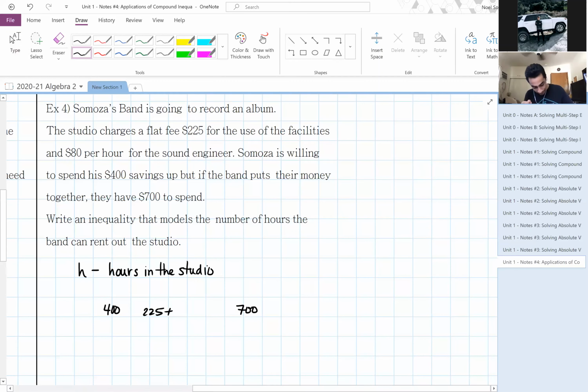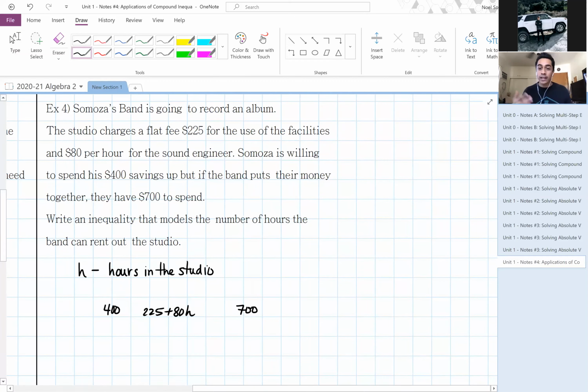I need to add $80 per hour. What do I do here to represent that the $80 fluctuates based on the amount of hours? Exactly. We have 80 times H. So it's 225 plus 80H. It's 80 per hour plus the 225, which is a flat fee.